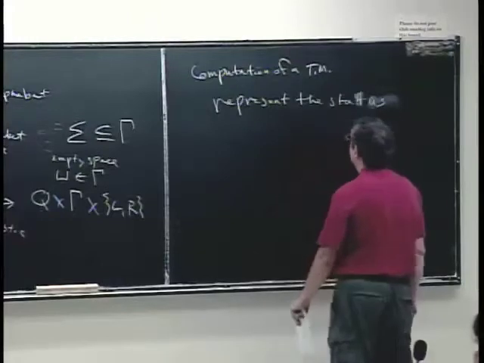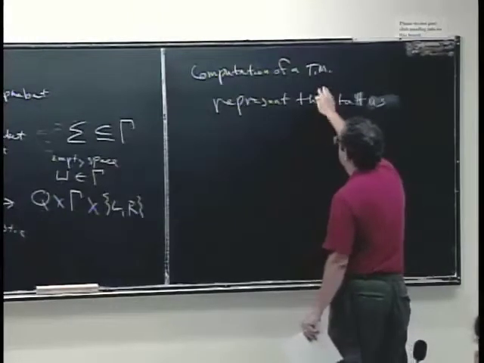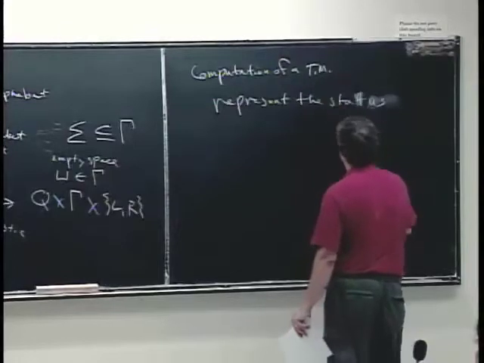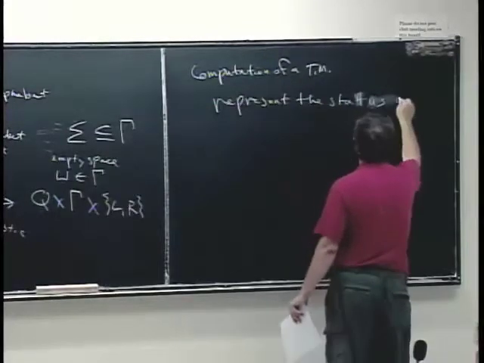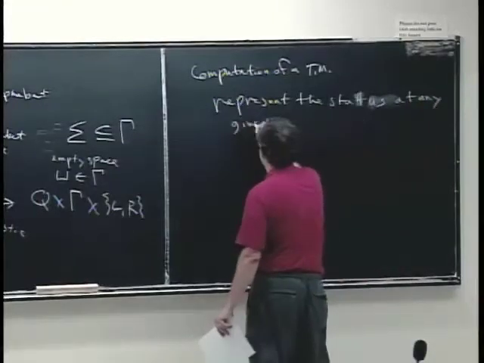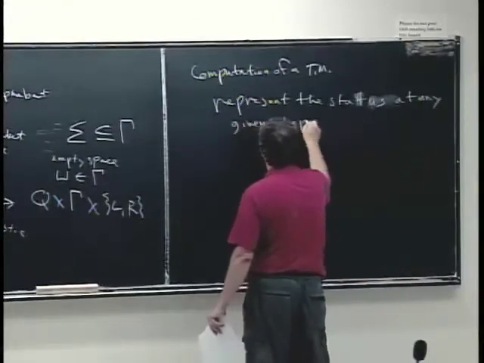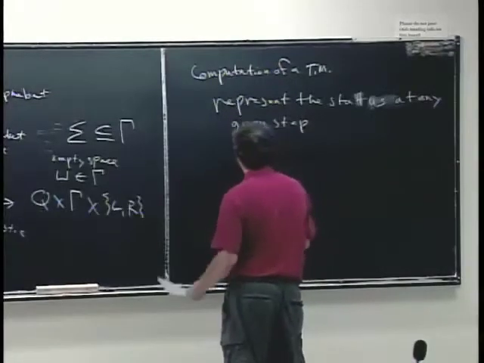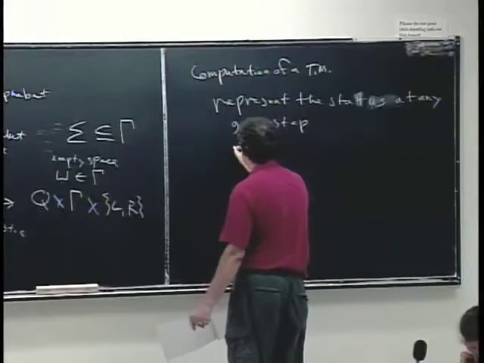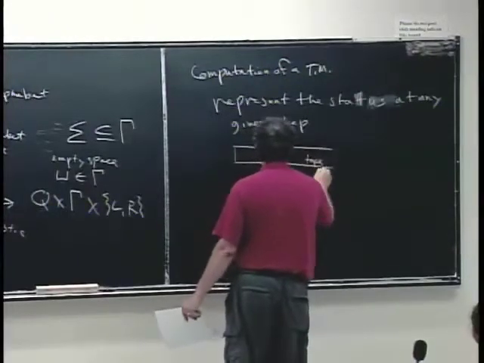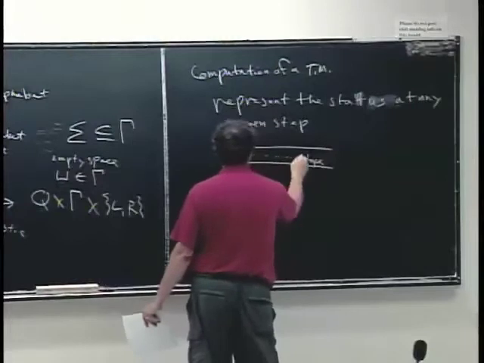Okay. So we want to represent the status of the computation of a Turing machine at a given moment, or given step. And it's done this way. We know that there's something on the tape. So here's the tape, and there are various things written on the tape.